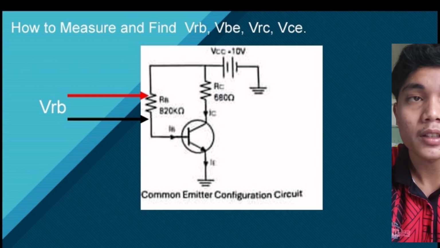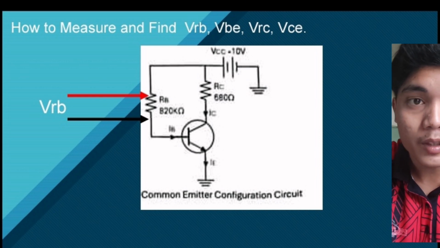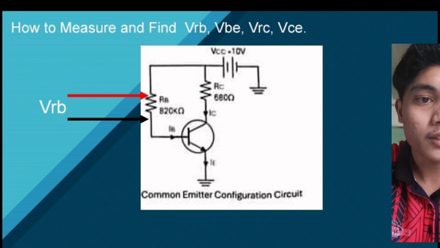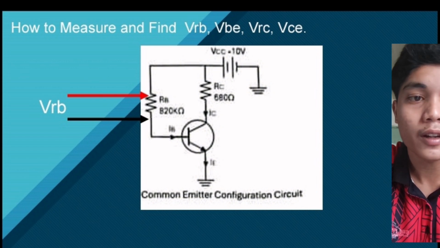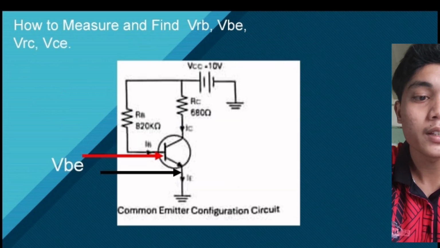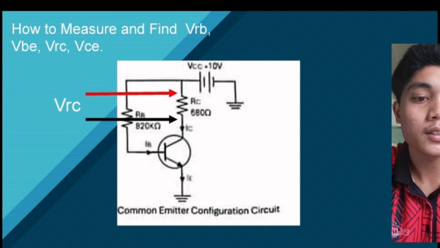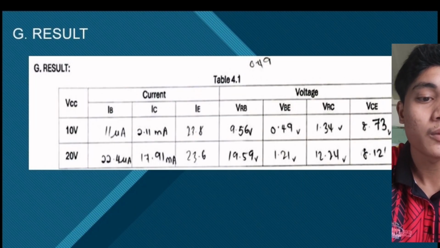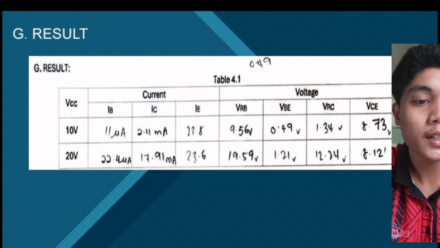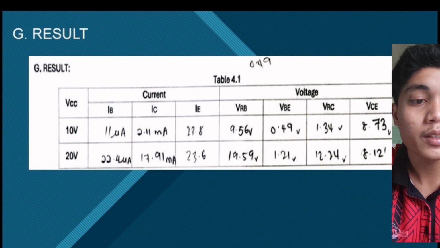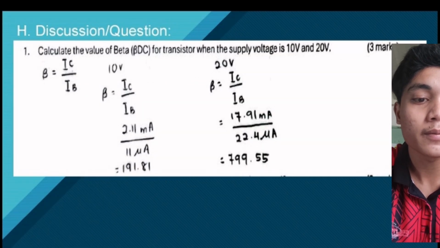Okay, my name is Terry Leveno Anariang from the E2C. Today we want to present how to measure and find VRB, VBE, VCE, VRC. Next, this is the result for IB, IC, IE, VRB, VBE, VRC, VCE.